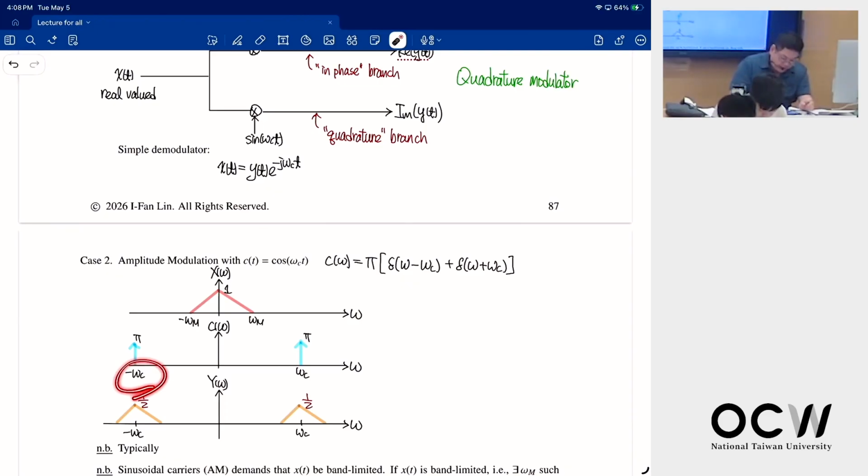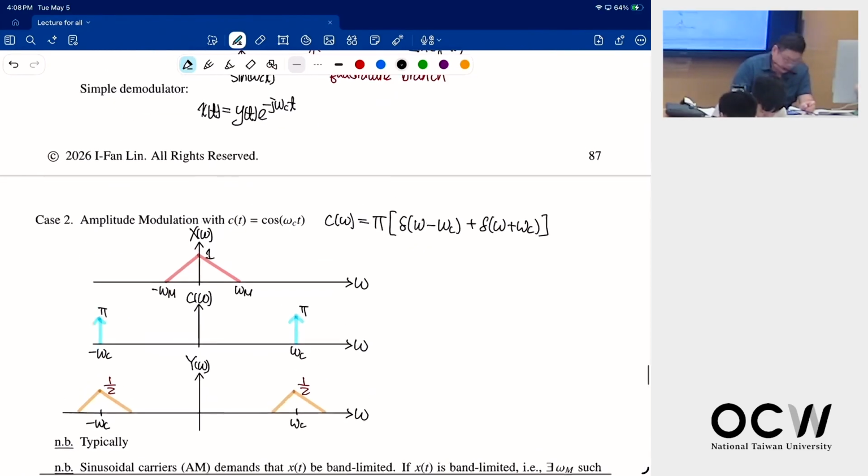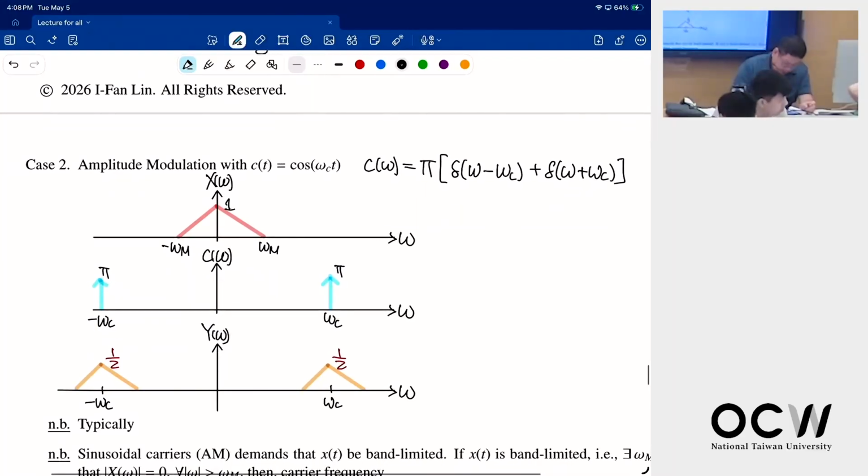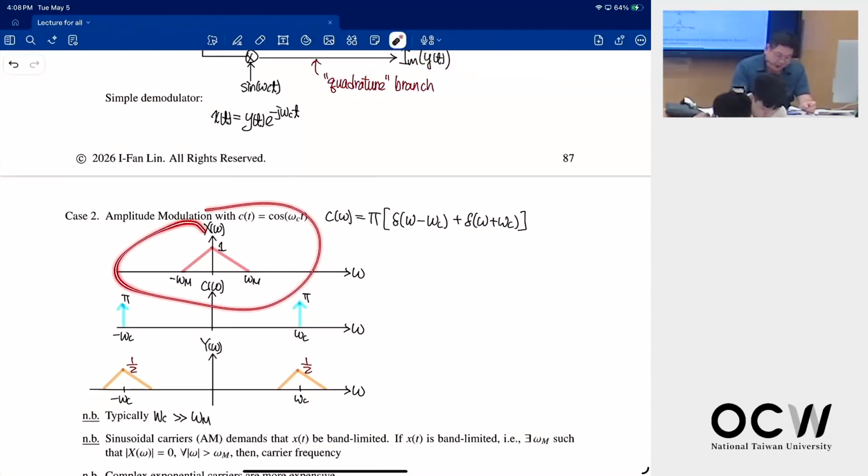Typically the carrier is much greater than your bandwidth, omega c is much greater than omega m. Then if you have a signal, what is the bandwidth? Only omega m, not 2 omega m.